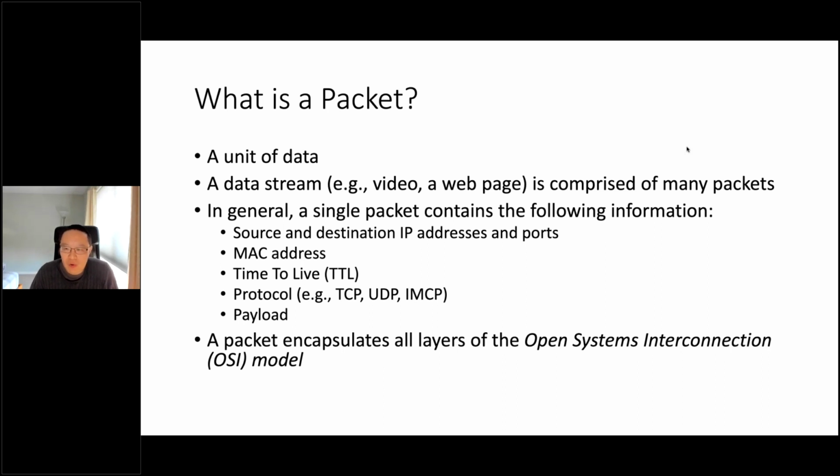So when you are streaming Stranger Things or Tiger King on Netflix, the video that you see is made up of many, many network packets.